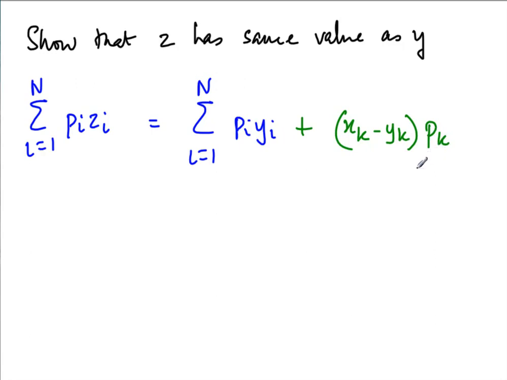So this is the first step. We added this, and just for convenience I'm going to write this pk in a roundabout way as wk times pk upon wk. Okay, so the wk cancels, so actually we just have pk, but this will be useful.